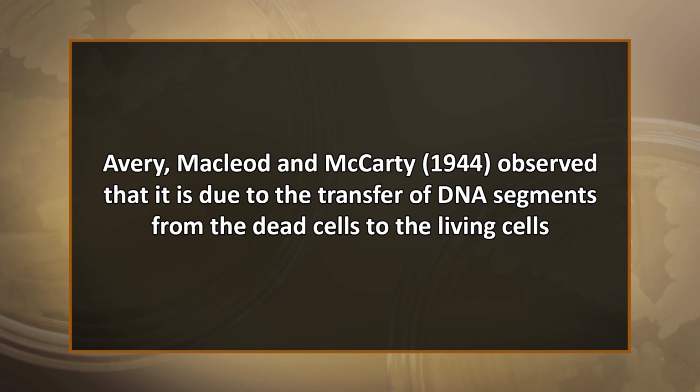Avery, MacLeod, and McCarty in 1944 observed that it is due to the transfer of DNA segments from the dead cells to the living cells. They called the uptake and incorporation of DNA by bacteria transformation, and the ability to take up exogenous DNA from the environment competence.